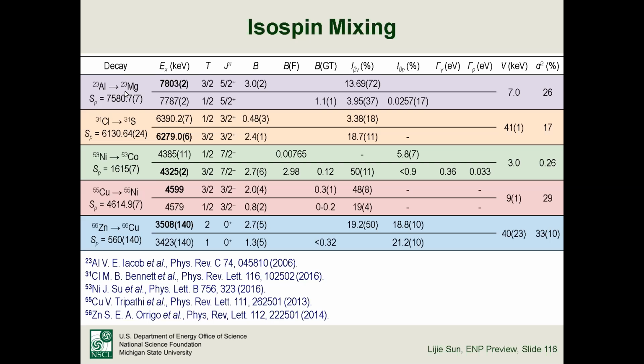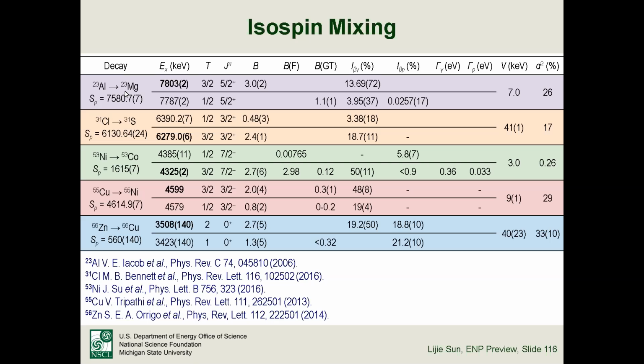For the other 4 cases, we already measured the chlorine-31 decay to sulfur-31. This case I believe is already well determined. And 2 other groups in Europe measured the copper-55. This one is from Florida State University, and the last one, the zinc-56, was measured by the ISOLDE facility.